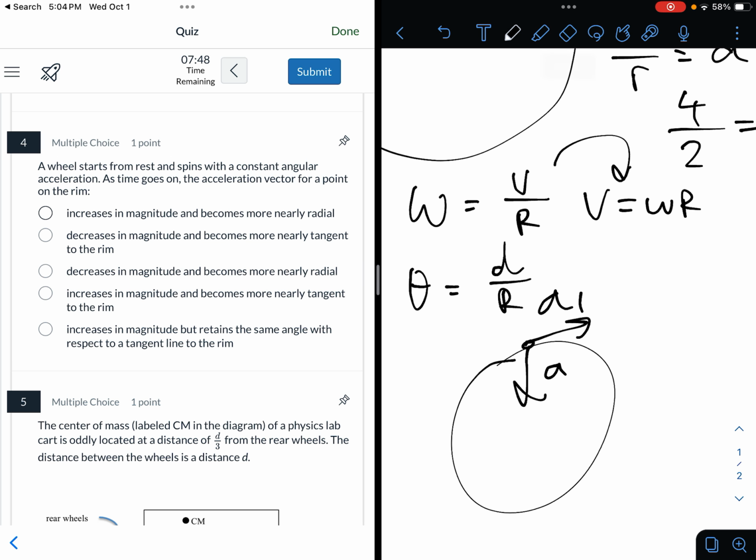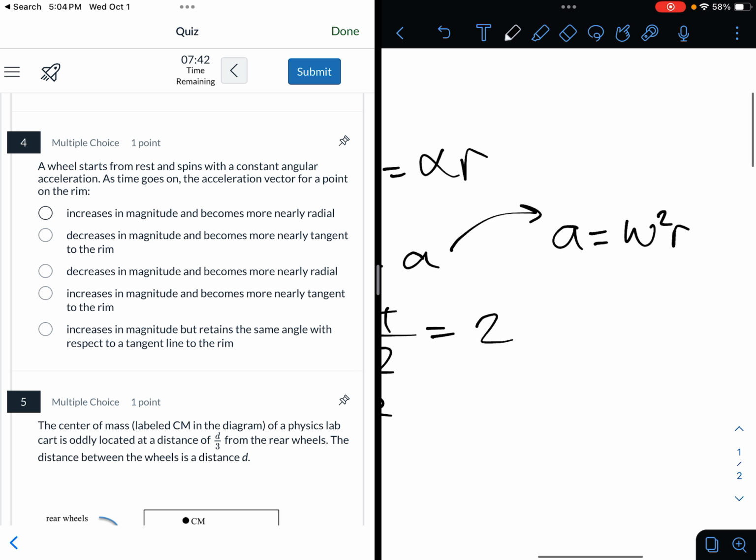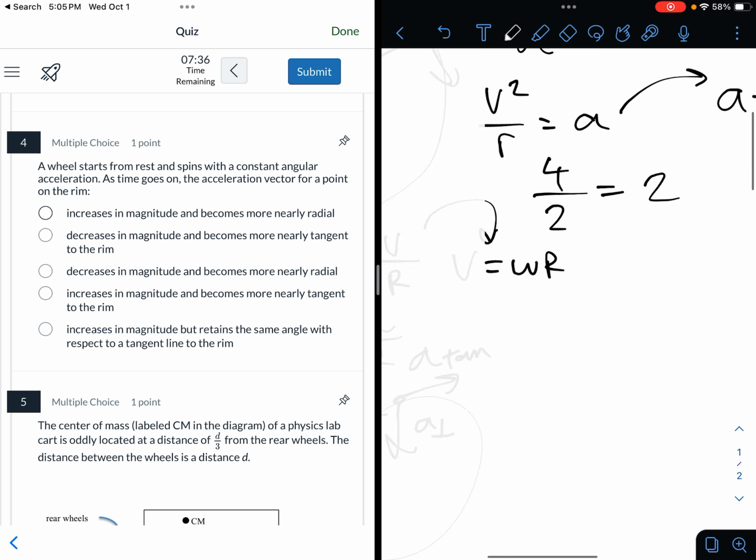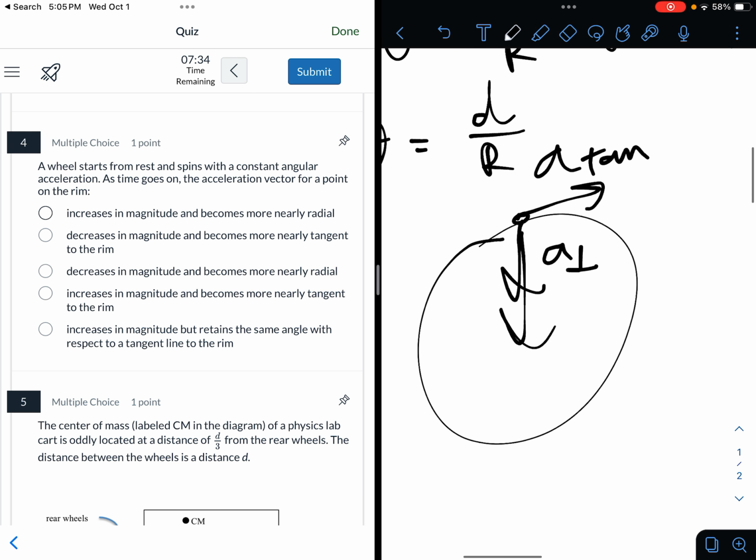That's what I should say: a tangential, and then an a perpendicular. The a tangential won't change, but as it speeds up, using this equation, we have omega squared, and omega speeds up. So the centripetal acceleration will grow larger. It'll increase in magnitude, but become more radial.